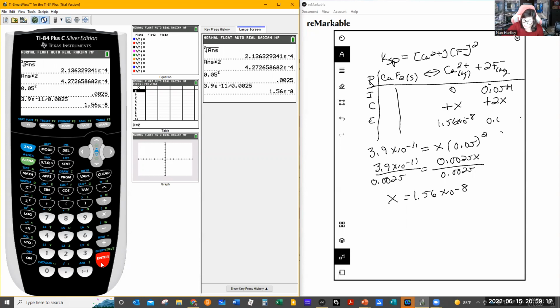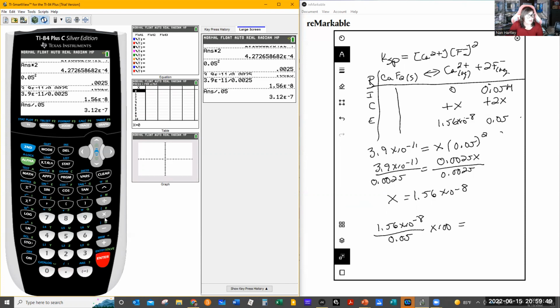This would then be the 0.05 if I wanted to do the test to see, is it reasonable to assume that the x is small? What I'm looking at is, what is the value of x? So this is my x value, the 1.56 times 10 to the minus 8th, divided by that initial value, the 0.05, times 100, because I want to see what percentage that is.